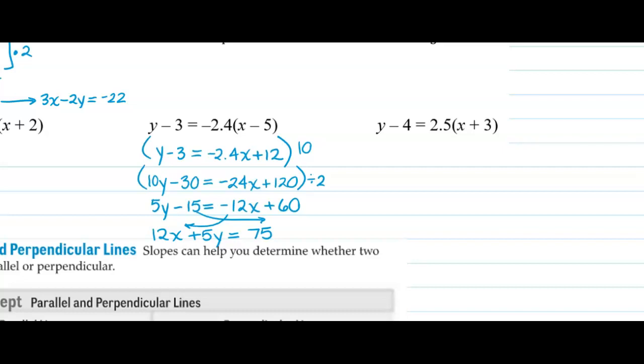The very last thing I want to do is think about taking this equation that started in point-slope form. We converted it to standard form. Let's go ahead and take it and put it into slope-intercept form. In order to do that, I could subtract 12x from both sides.